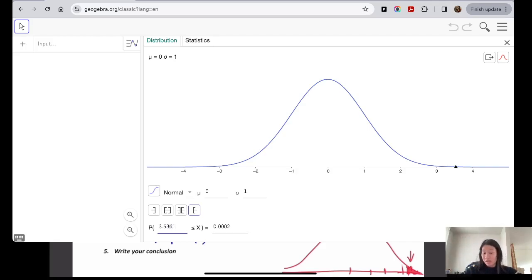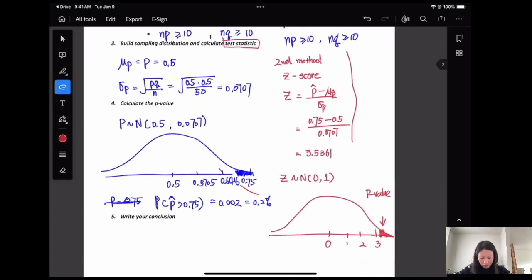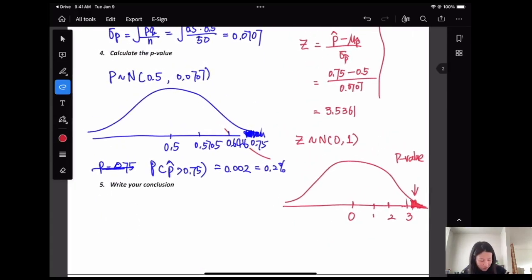Again, the result is the same, also equal to 0.0002. That means no matter which method you use, you will end up with the same result. For the z-statistic, the probability that our z-score is greater than 3.5361 also equals 0.0002.